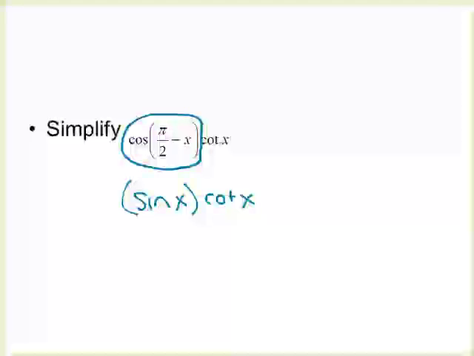The third strategy is something we haven't done yet. It says to change into sines and cosines. Back in the first part of our trig unit, we said that tangent was equal to what in terms of sine and cosine when we did our unit circle?